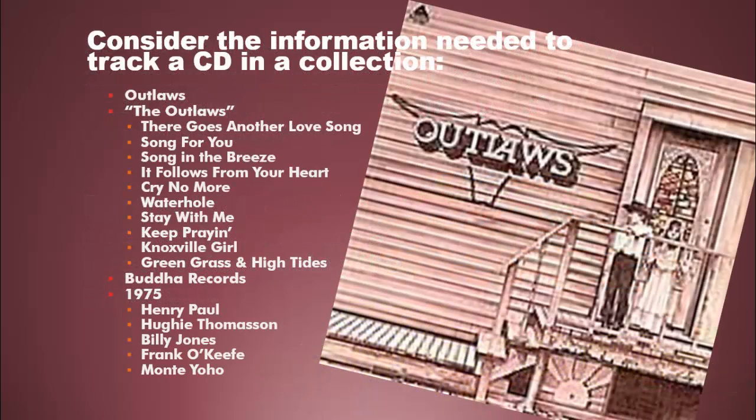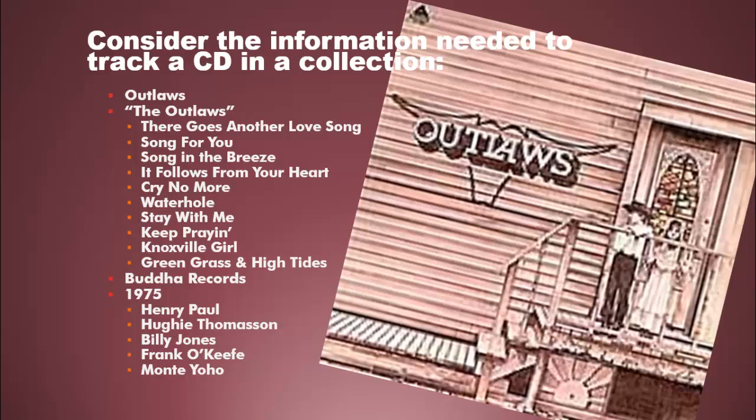Since we're talking about records this week, let's look at the information that is necessary to describe a single record. We have the name of the band, and in this case, the name of the band and the name of the album are the same. This is by the Outlaws. But then look, we have a list of songs that are contained within this album name.